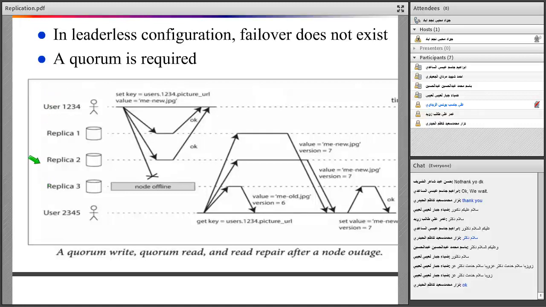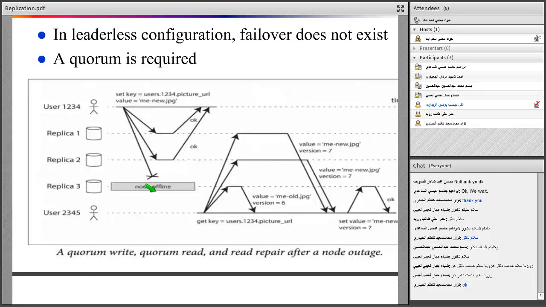You can see there are 3 replicas, and this request is sent from user 1234 to replicas 1, 2, and 3. Replicas 1 and 2 receive this request from user 1234, confirm the write request, and send OK to user 1234.